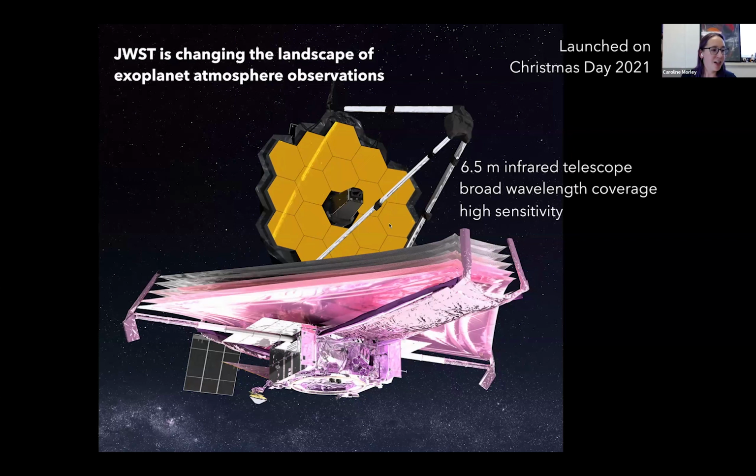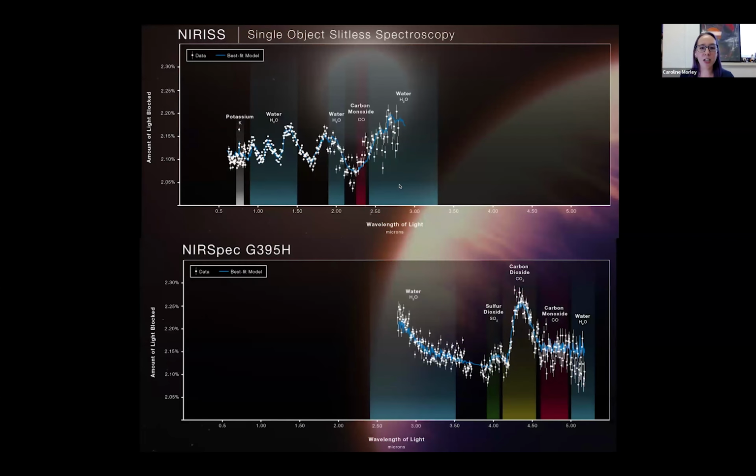So with just a single observation with each of these 2 instruments, which are both near infrared instruments on JWST, this is some of the very first observations that we got. This one on the bottom is actually the very first observation that I saw, looking over somebody's shoulder at a conference.